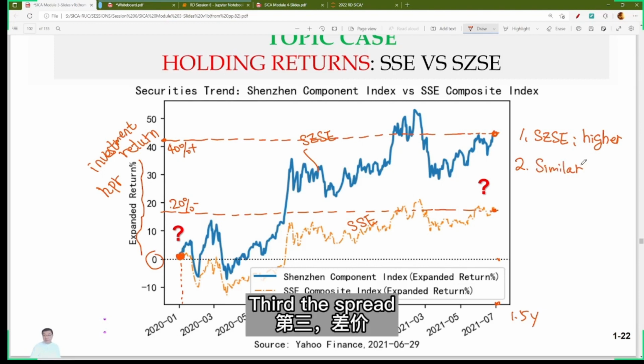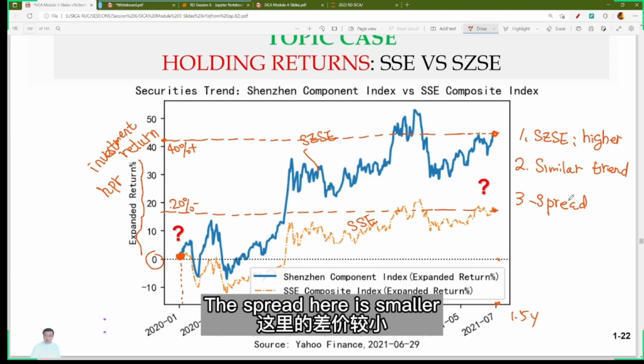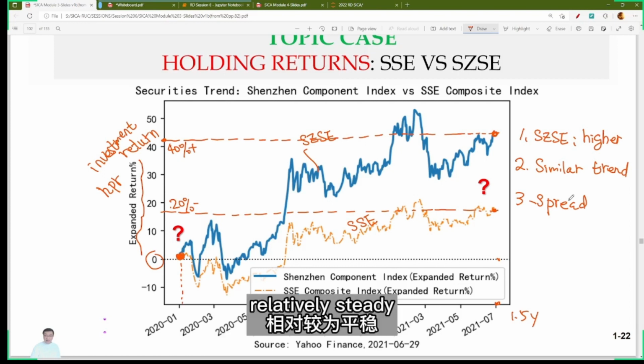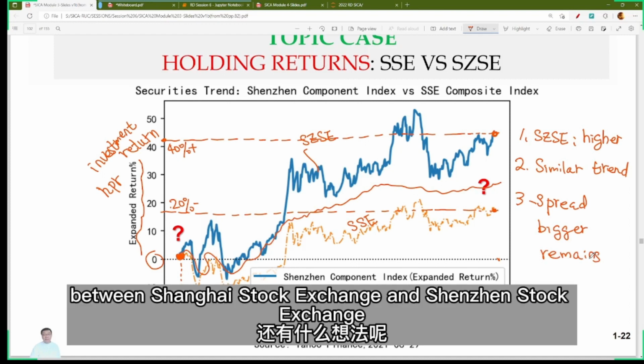Third, the spread. Okay, the spread here is smaller, gradually gets bigger, and then remains relatively steady. Right? Now, what do you think about the differences between the Shanghai Stock Exchange and Shenzhen Stock Exchange?